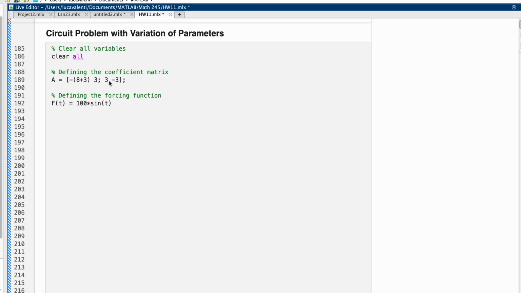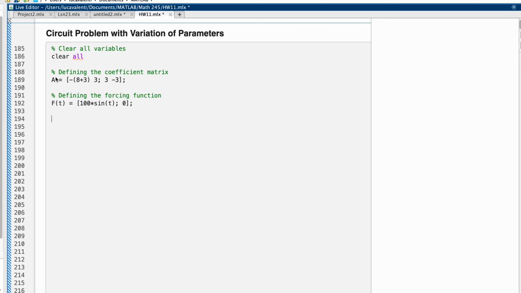It goes in the first row, first column, divided by L2, which is 1, and 0 in the second row, and we close this.